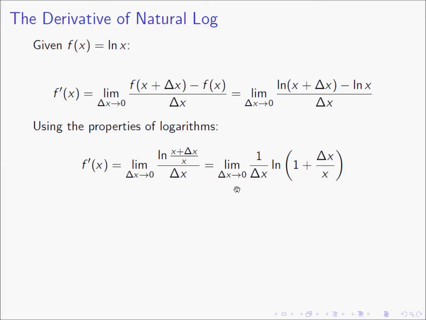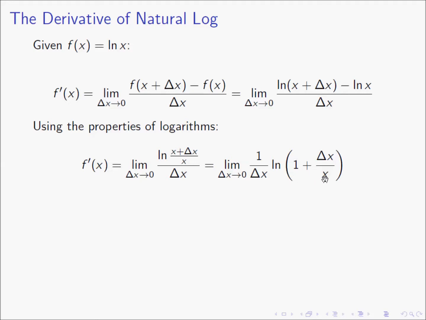Now we can write this like this, taking the 1 over delta x over here, and we have that times the natural log of this number, and this number we can write as 1 plus delta x over x.